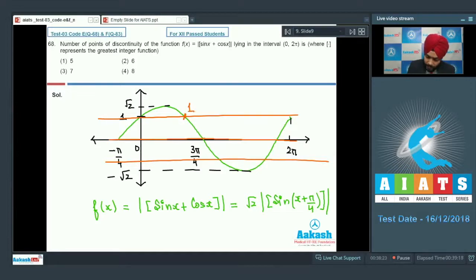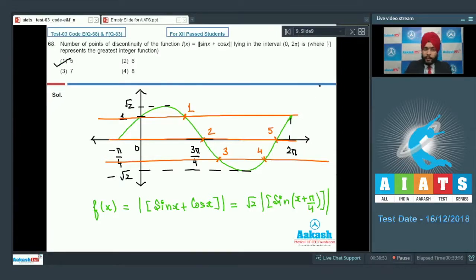First point, second point, third point, fourth point, and fifth point. This value is also 1, no doubt in that. But again, this point is 2 pi, so it doesn't matter. It is not included in the interval. Believe me students, when you take the modulus of the same thing, there will be no change at all in the points of discontinuity. So we have option number 1 as the correct choice.